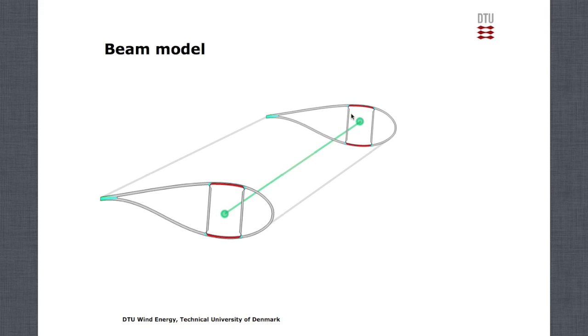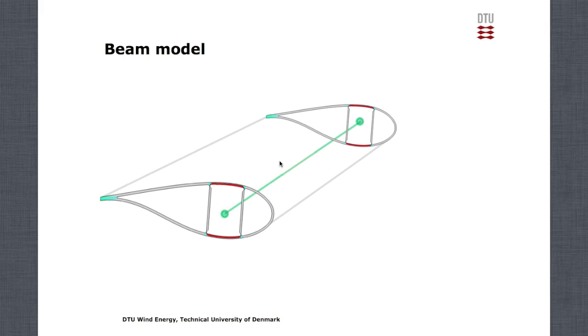You can see here, this would be a section of a blade, which is delimited by two cross sections. And this beam element is supposed to be able to represent the way the section of the blade deforms.